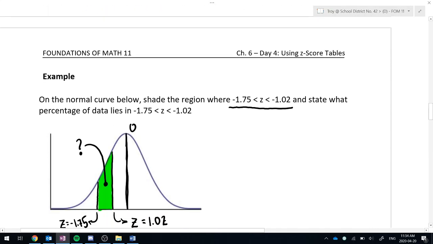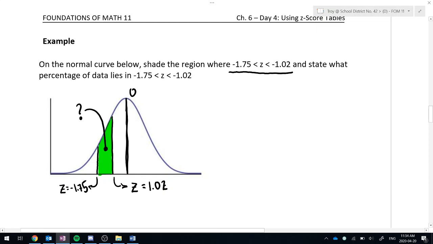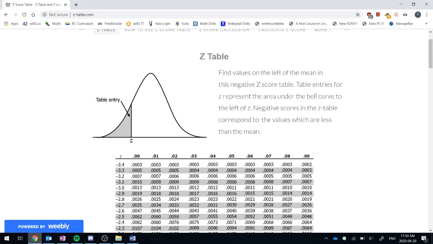So first of all, we have two z-scores here. And second of all, we're no longer worried about all the data to the left. Okay, so all this data here, we don't care about it at all. And that presents a bit of a problem, right? Because when we use our z-score tables, it always gives us the area to the left. So what do we do?